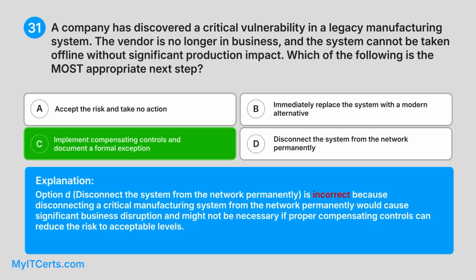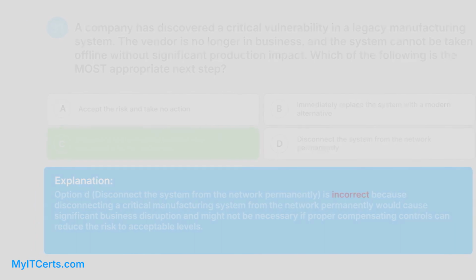Option D, disconnect the system from the network permanently, is incorrect because disconnecting a critical manufacturing system from the network permanently would cause significant business disruption and might not be necessary if proper compensating controls can reduce the risk to acceptable levels.